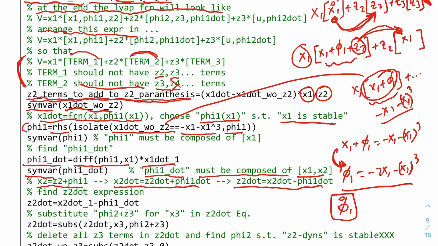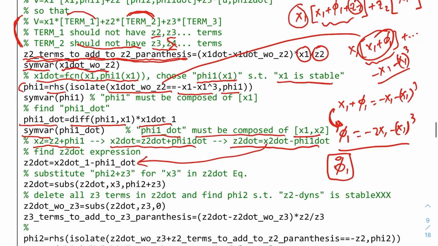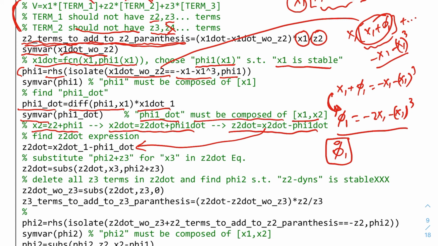Now we have this, we just write that, and substitute this for x3.